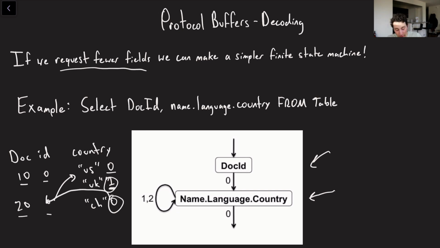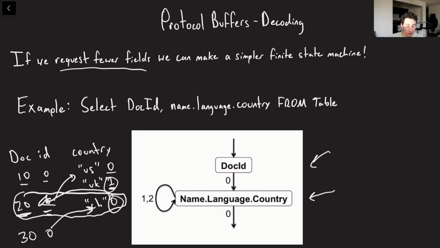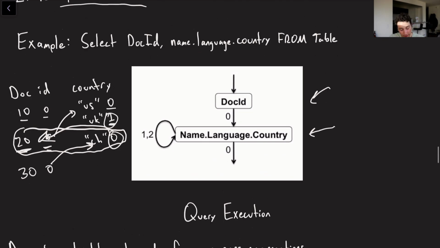Oh, we're back to 0 again. Now I have to flip back over here and start reading 20. I see 0, or maybe I have document 30. I see 0, and then I flip back over to read China, because now China corresponds to document ID number 20. So you can see it does get a little complex, but you're basically always following the repetition number of the next element in the column, and that tells you where to jump to.